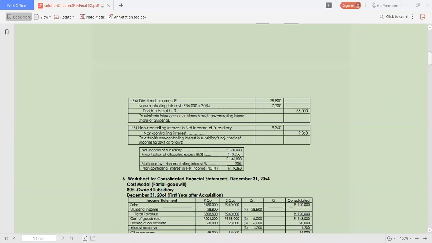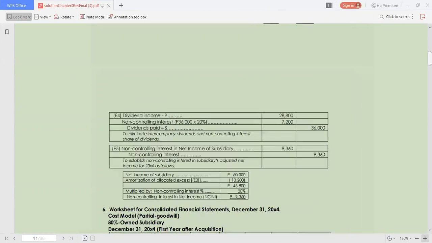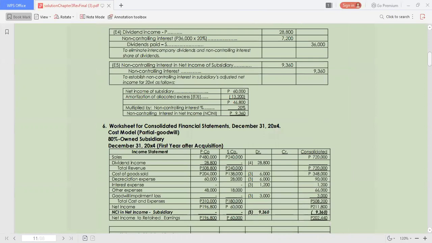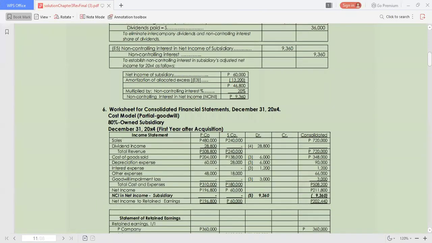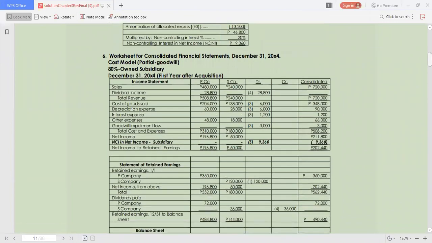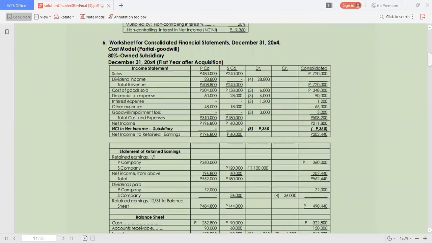So finally, with all these figures in number 5, we have now number 6, the worksheet for consolidated financial statements on December 31, 2024 using the partial goodwill approach, the 80% owned subsidiary. So we have now the sales of the parent and the subsidiary, total of 720,000.